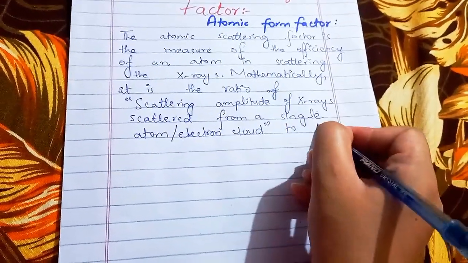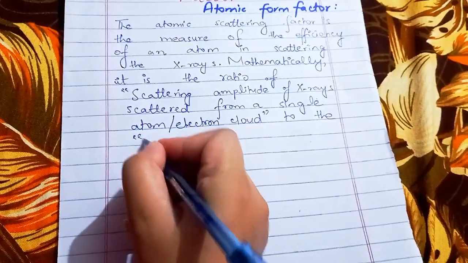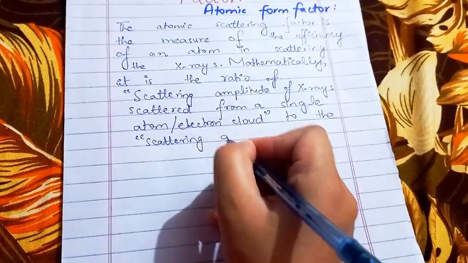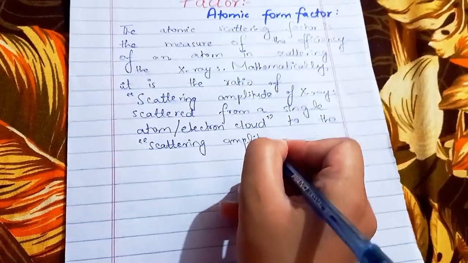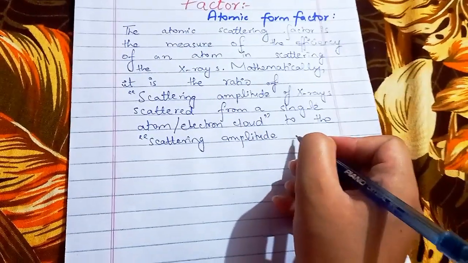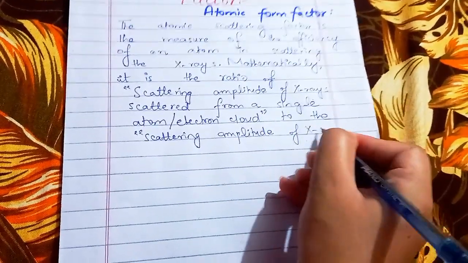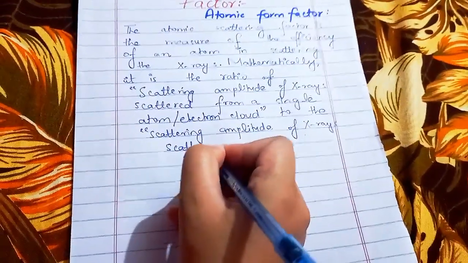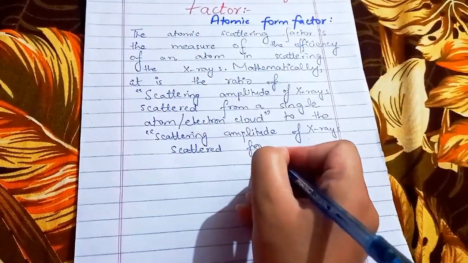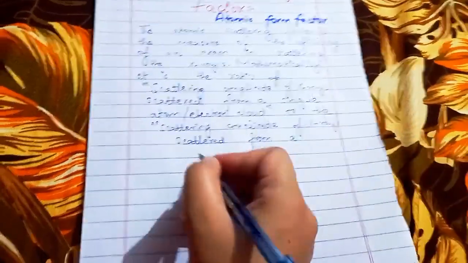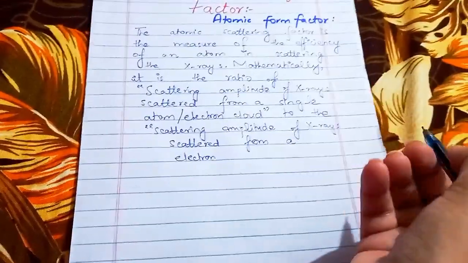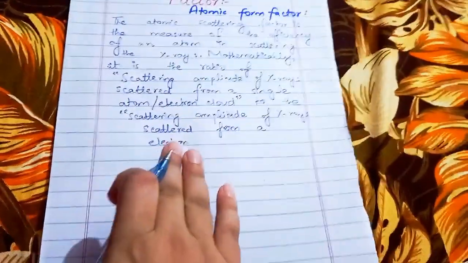to the scattering amplitude of X-rays scattered from a single electron, from an electron, you can say single electron, up to you if you want to specify, but it's a single electron.